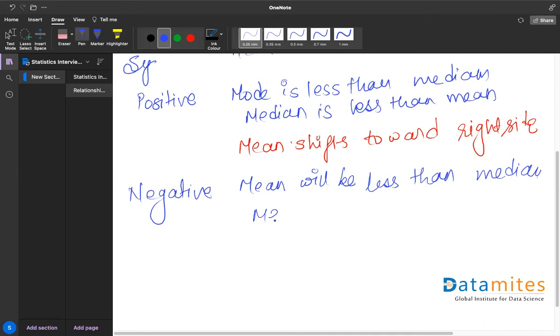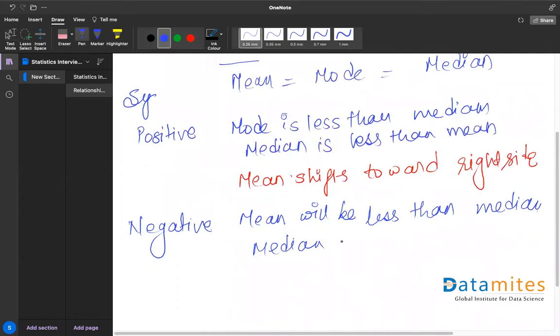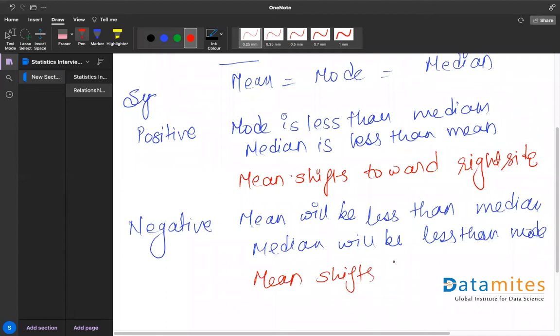Median will be less than mode. And basically your mean will shift. Mean shifts towards the left side.